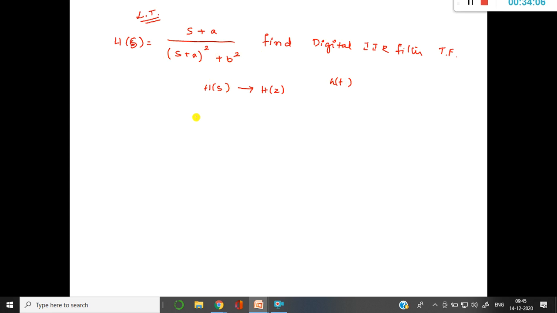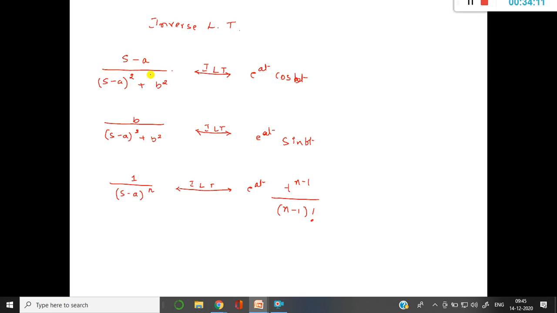If you observe this, it is in the form of one of our Laplace transforms, like (s minus a) divided by (s minus a) the whole square plus b square, right? Now accordingly you can manipulate this to the current scenario. How do you do it?